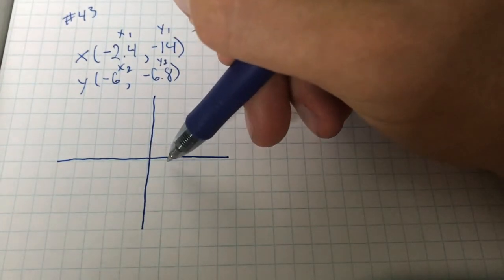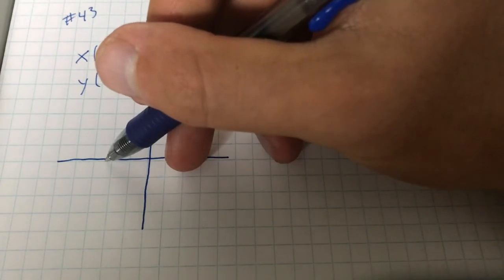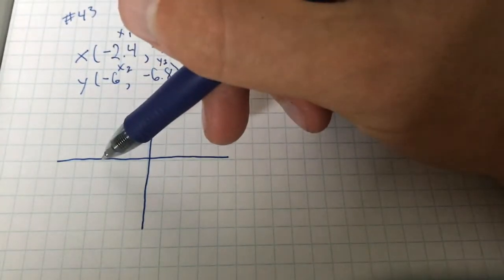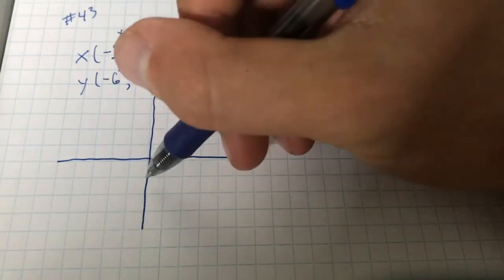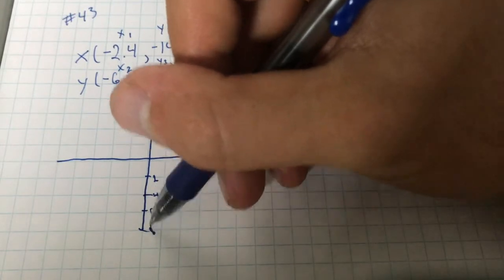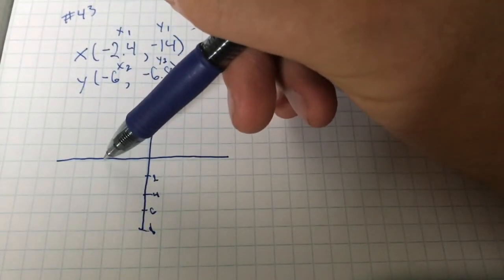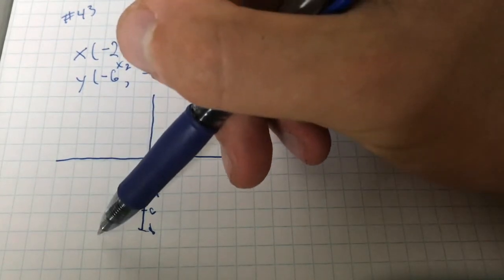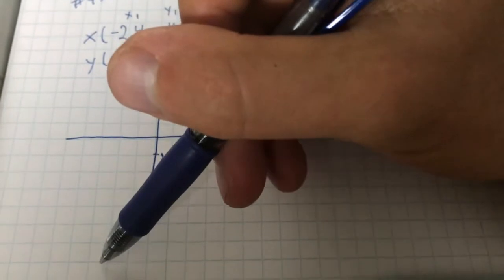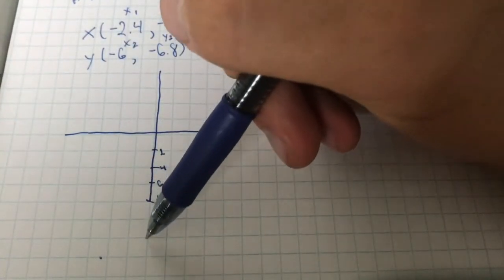I'm going to have my y-axis skip by 2, so I'm going to go down 7 here: 2, 4, 6, 8, 10, 12, 14.